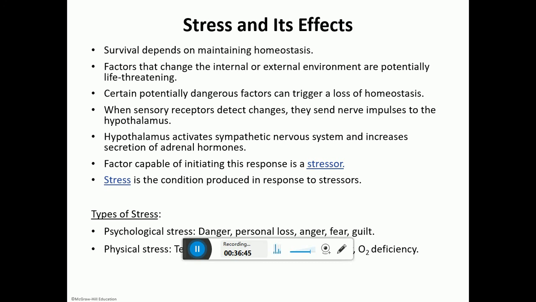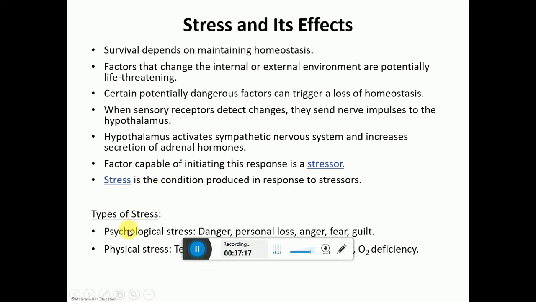But if somebody is going through a very hard period, like maybe the death of a loved one or divorce, something of a more chronic nature, something that takes weeks and months and maybe even years to go through, that is a source of chronic stress, and that'll release cortisol in the bloodstream. Anything that causes stress is known as a stressor, and all of these stressors have different effects on the body.